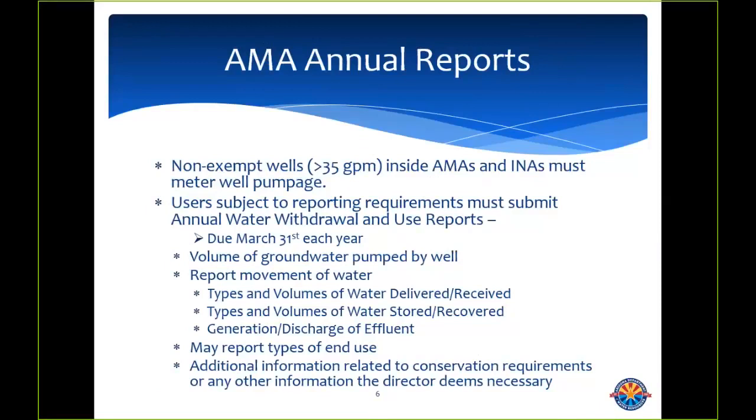These reports have a very broad range of information, which varies by the type of right or the type of use. But very generally, they contain the volumes of water pumped or received in other ways, and then what happens to that water once it is pumped or received. There are certain reporting requirements laid out in statute, but ADWR also has the authority to require additional information in these reports as necessary to accomplish the goals of each AMA.